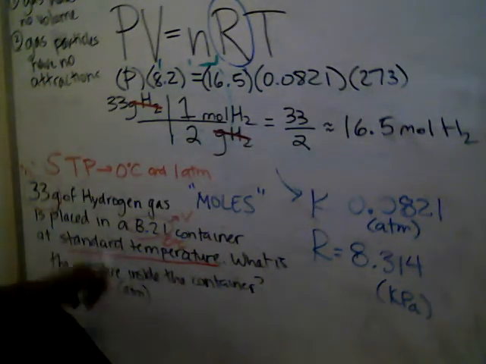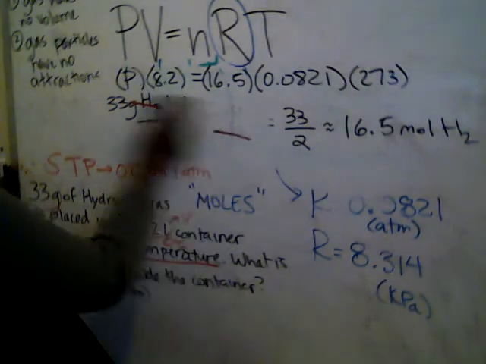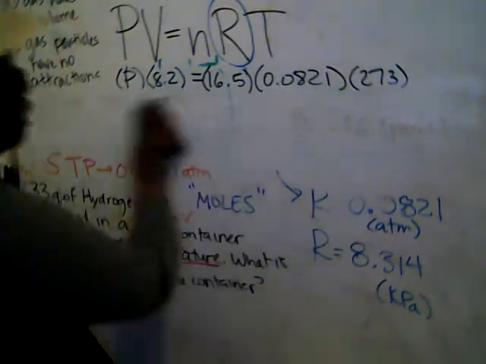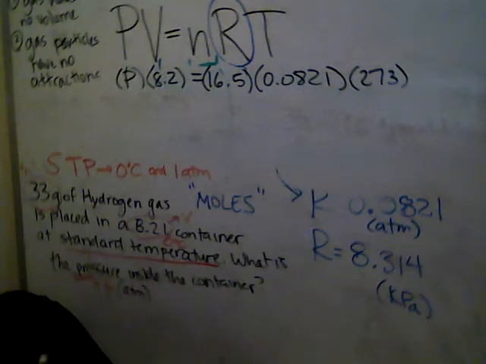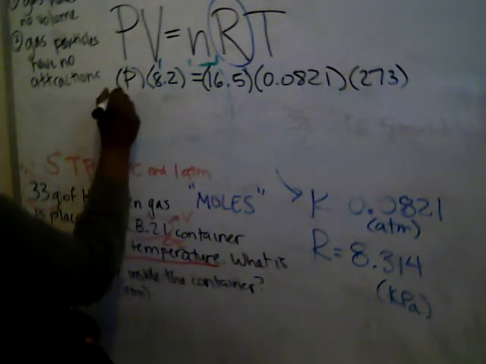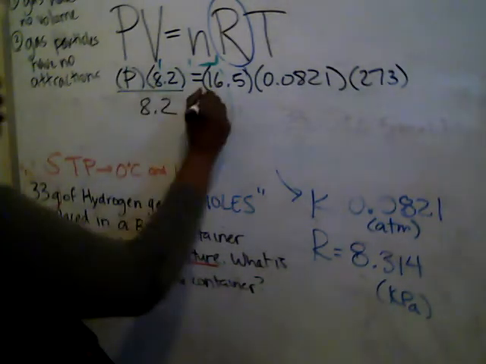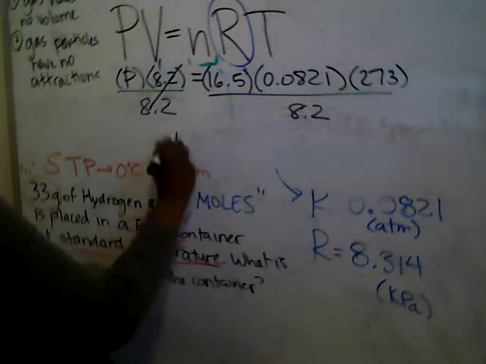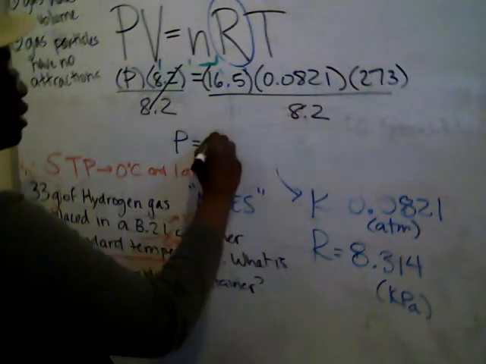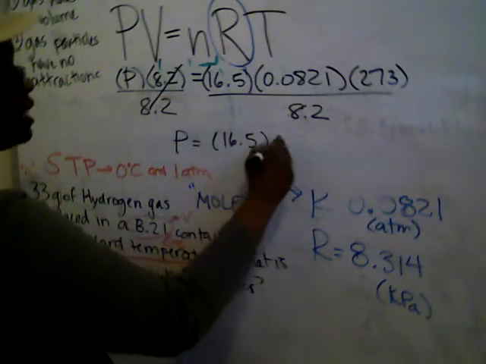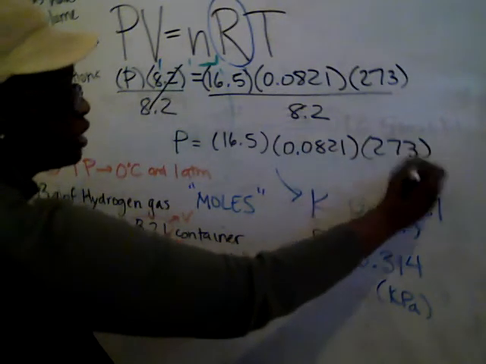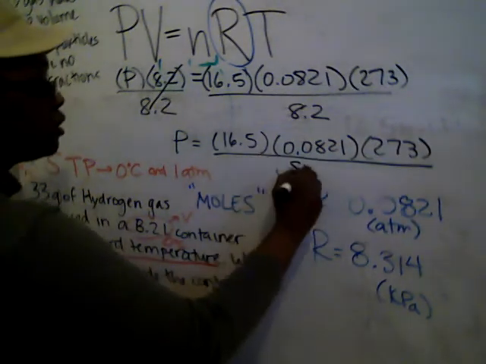Now to actually solve, let me erase this mole calculation that we did. Now to technically solve, the beauty of this is it's always a one-step problem to solve. If P is over here, we just need to divide by 8.2. So those cancel. So P would be equal to 16.5 times 0.0821 times 273, all divided by 8.2.